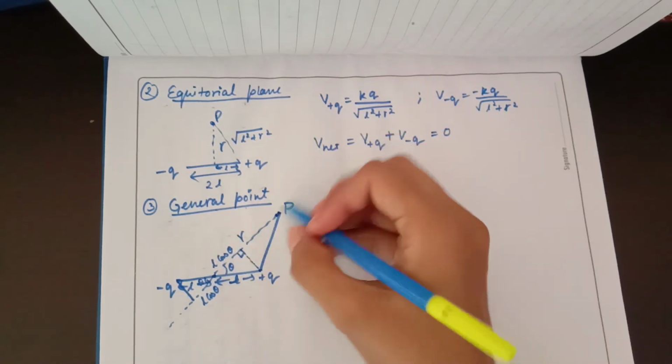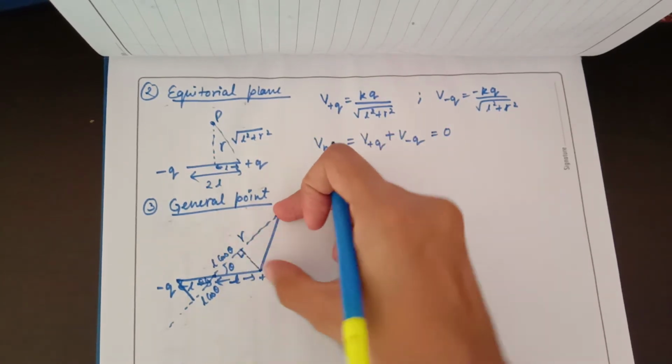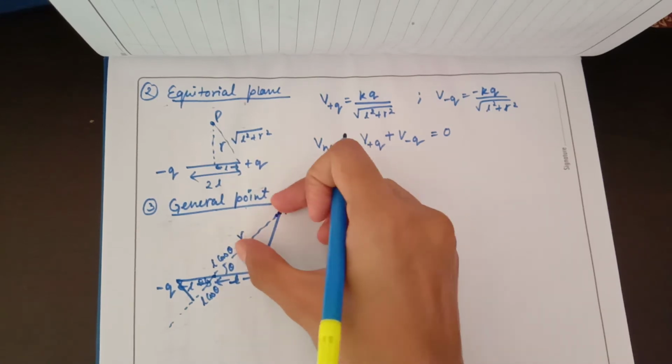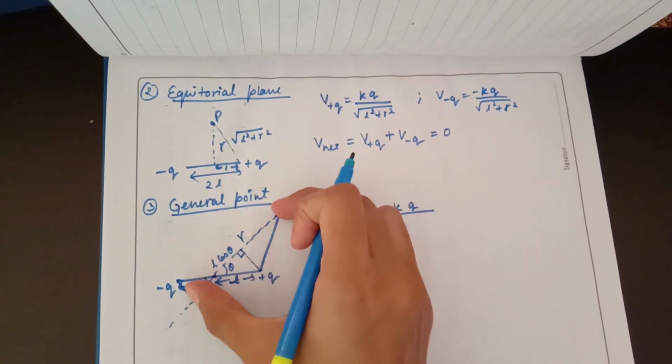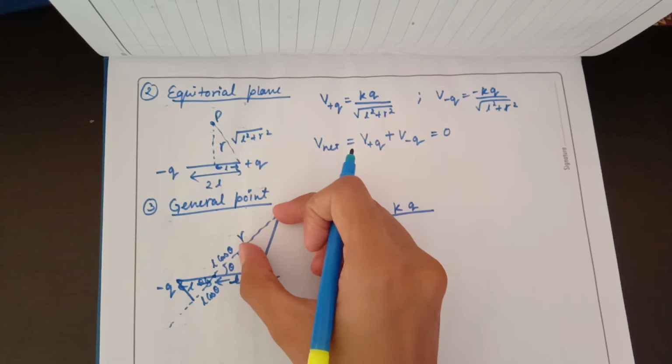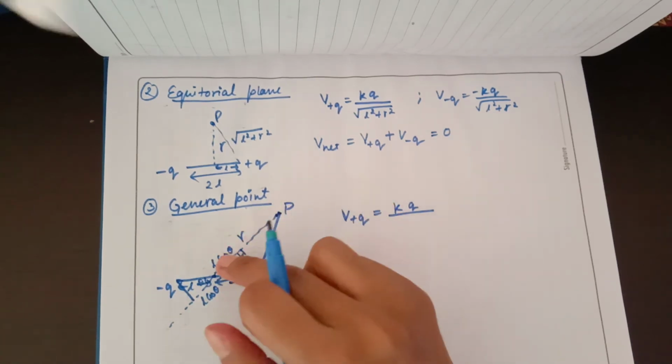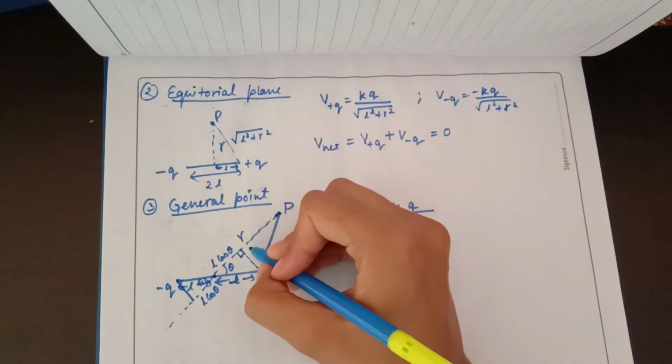So the length of this small line will be R minus L cos theta.